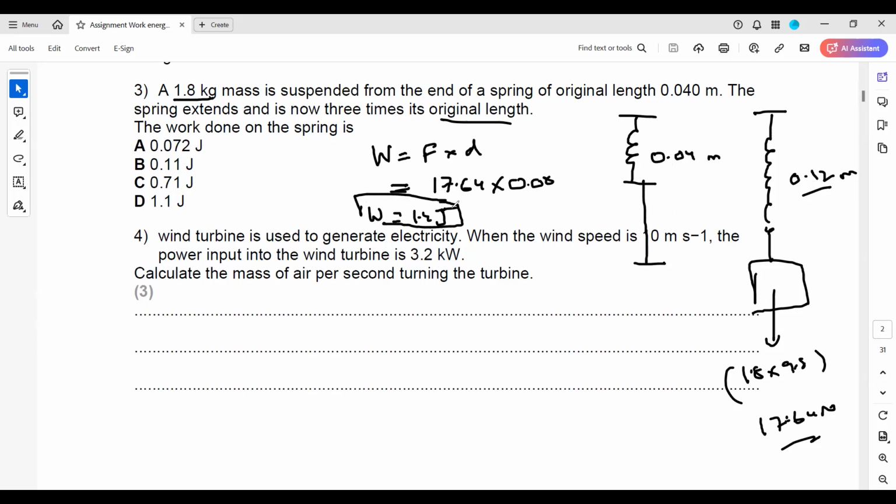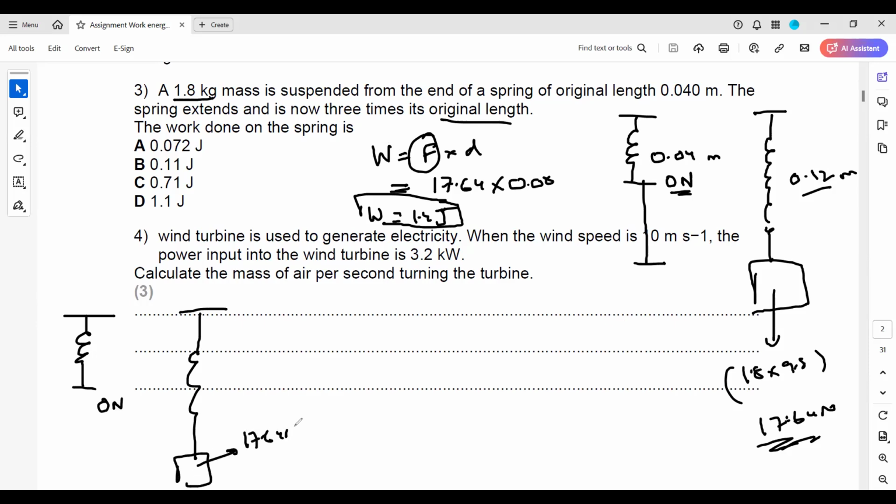But whenever springs are used, you will learn later in the work done by the spring that we use the average force. Why do we use an average force? Whenever we calculate work done on the spring or by the spring, we take an average force. The original force is 0 and the maximum force is 17.64, because the spring was not having any load, and when it is loaded, it is 17.64 Newton.